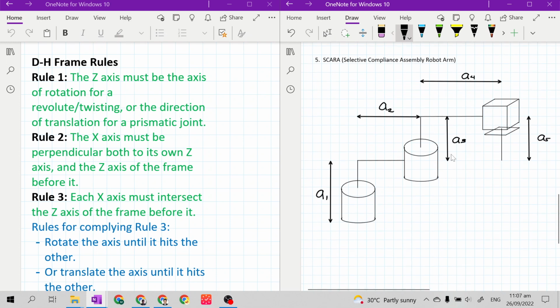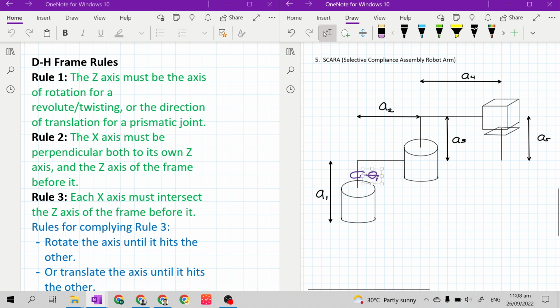Next are the joint variables and their indicators and labels. This is for theta 1.